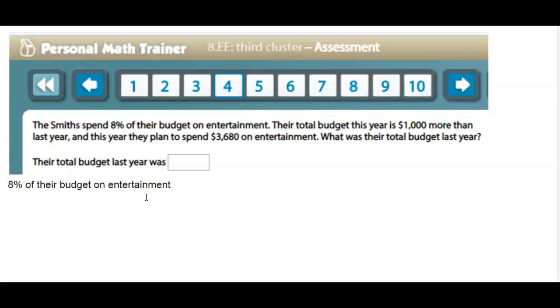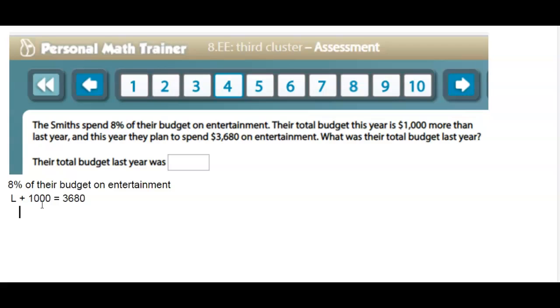So this year is going to be last year's plus $1,000. Remember, every time it says more than, the 1,000 goes after whatever they spent last year. And this year they spent a total of $3,680.